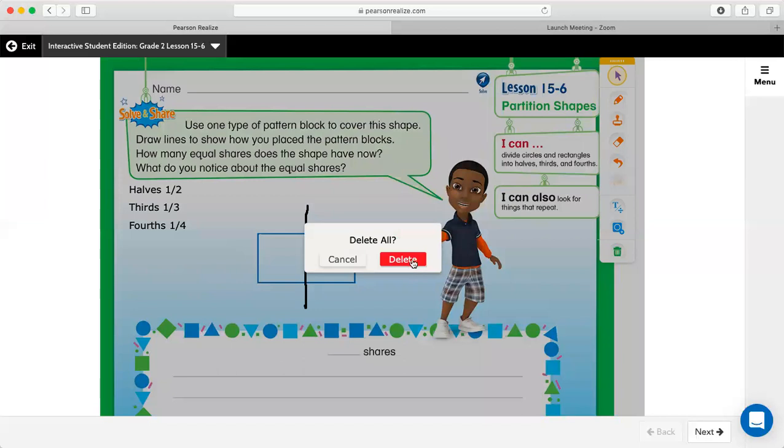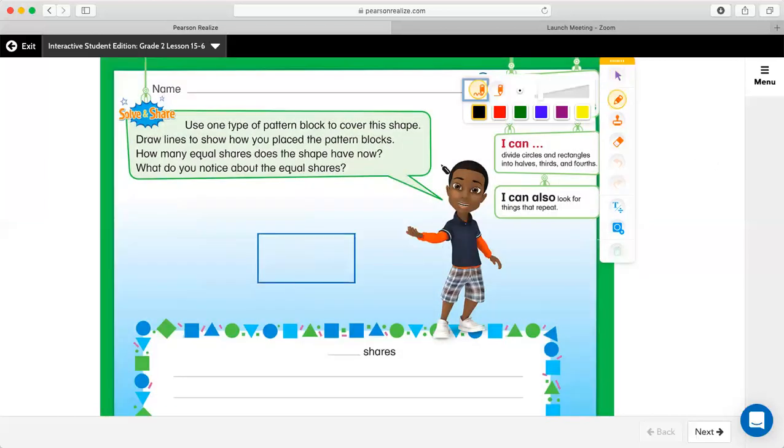If we divided our shape into triangles, does this look like equal shares to you?